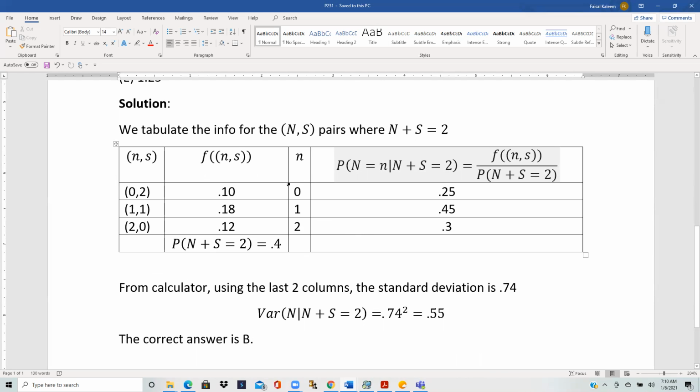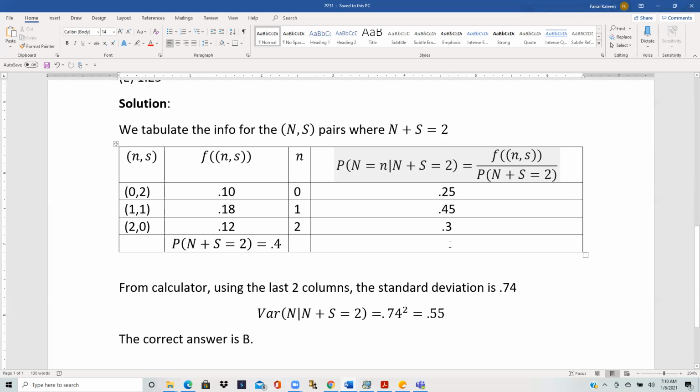Of course, you can always find the variance by finding the expected value, then the expected value of the square of the variable, multiplying and adding up, and then taking the variance by our usual formula of E of X squared minus E of X whole squared.